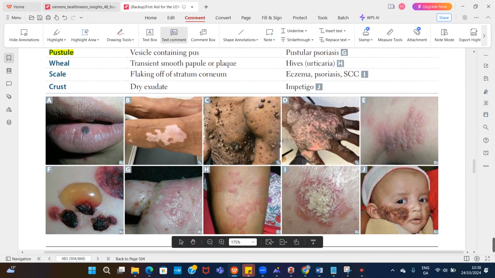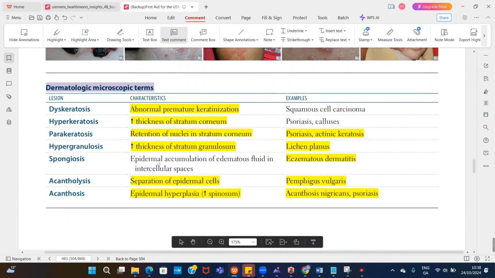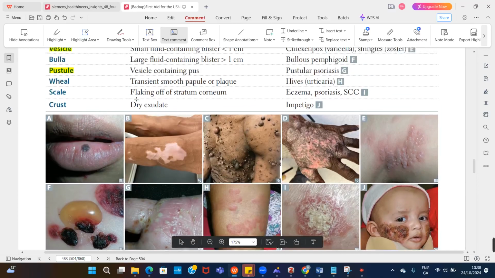Wheal. Then the next is scaly lesions. People with eczema, psoriasis, squamous cell carcinoma of the skin, all of them form scales. Then the last is crust, which is the dry exudate. Classic for impetigo.